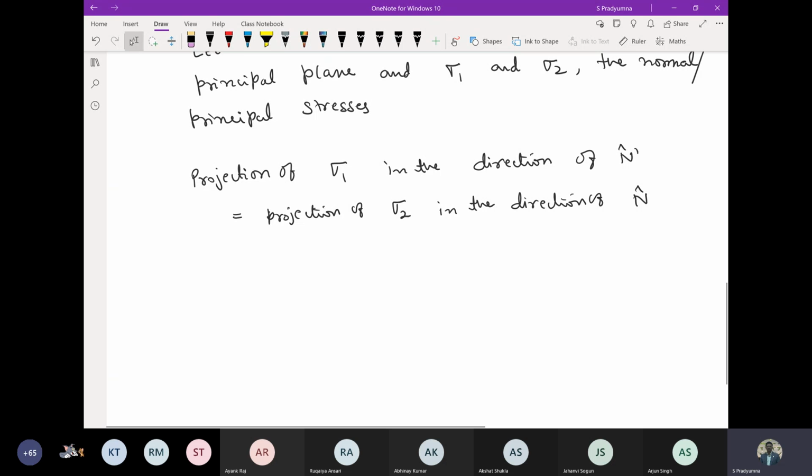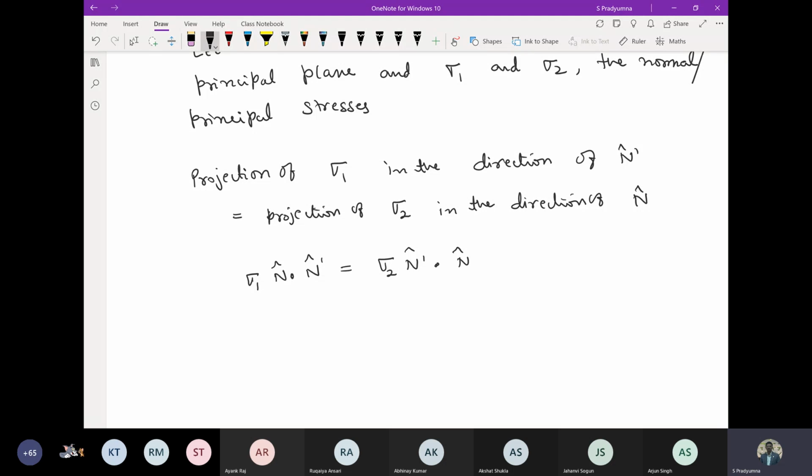That means I can say that sigma 1, considering the projection along the n dash direction, that is n dot n dash, is equal to sigma 2 n dash dot n.